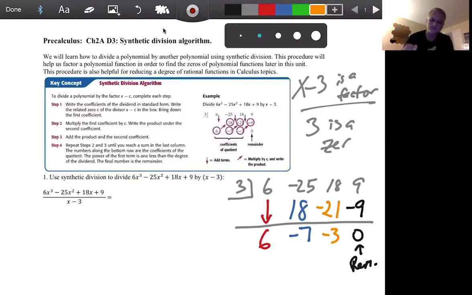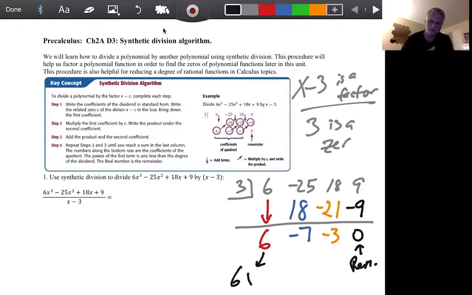So that means that we will translate this into 6, okay, instead of x cubed, it's x squared, minus 7, x to the first, minus 3. And then there's a 0 remainder.